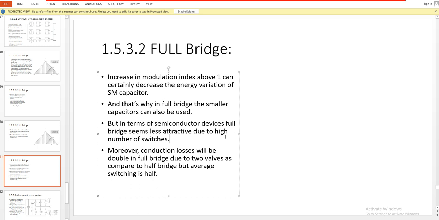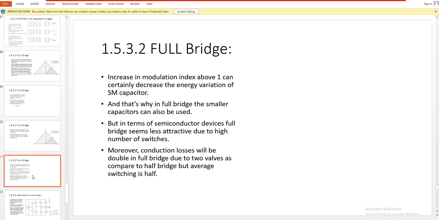In terms of semiconductor devices, full bridge seems less attractive due to the high number of switches. This is also a drawback of the full bridge submodule, that our losses are increased and even doubled as compared to the half bridge submodule, but the switching frequency is half as compared to the half bridge submodule.